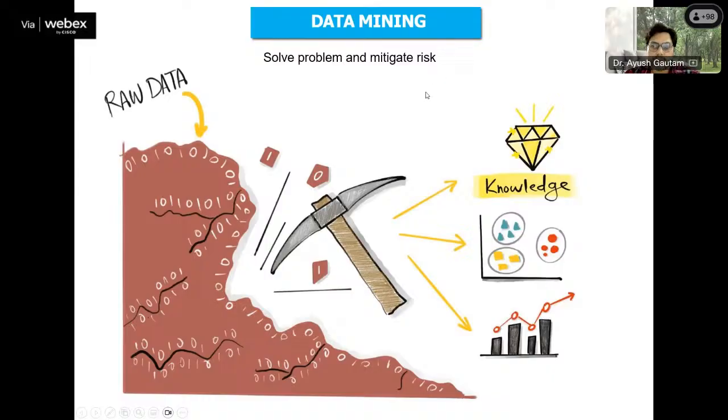Now then comes the data mining. What is data mining? Data mining is to fetch meaningful information from the data. Right. Like I said in the start, still 70% data is unused.